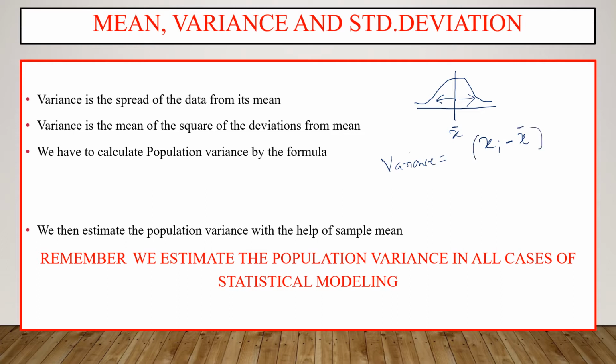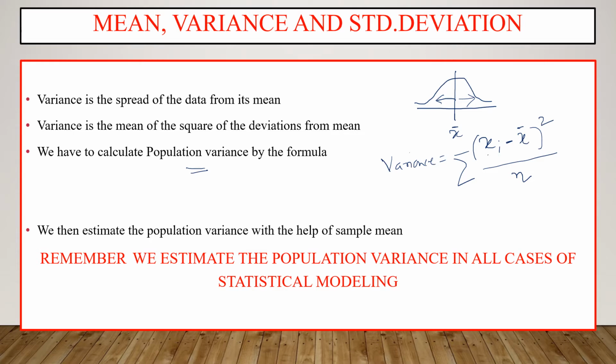Now we square them and sum them up, so this is the summation of the square of the deviations from the mean, and then we divide it by n, the number of observations. This is the formula for calculating the population variance, right? This is the formula for calculating the population variance.